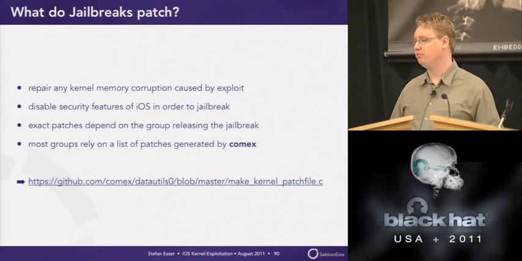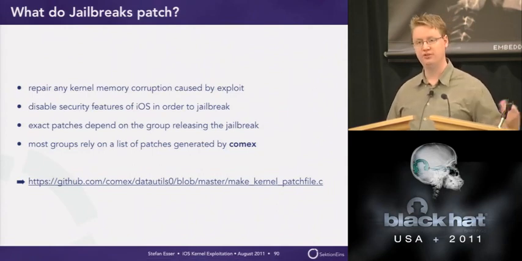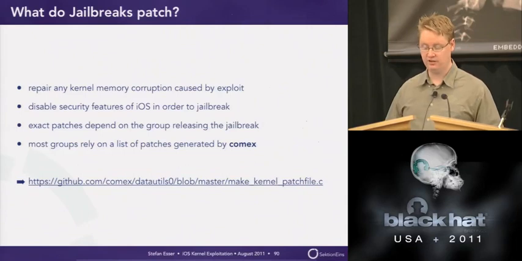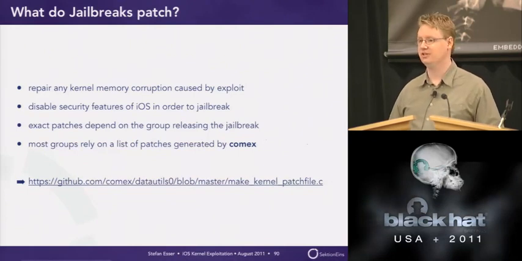Okay, but the other patches inside the jailbreaks are just disabling security features. And they're also different because the different groups patch different places. Nowadays, most of them rely on patches developed by Comex because they seem to be the most stable. Sometimes he has a patch that doesn't work at all, but you just tell him and he will find a better one.